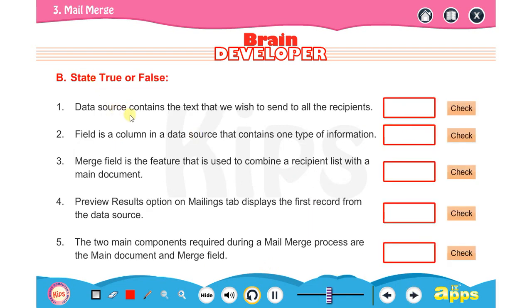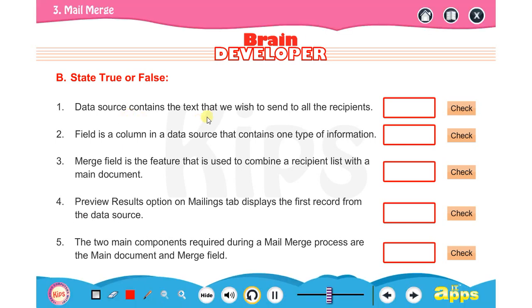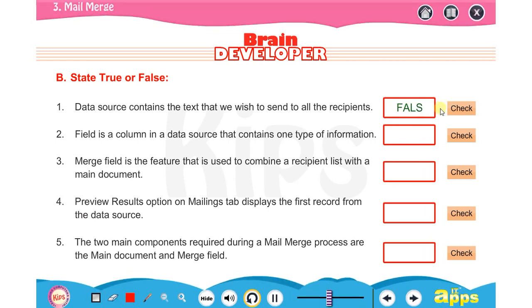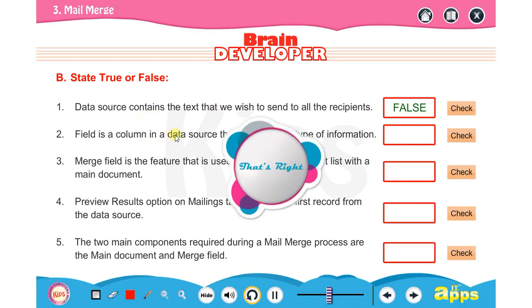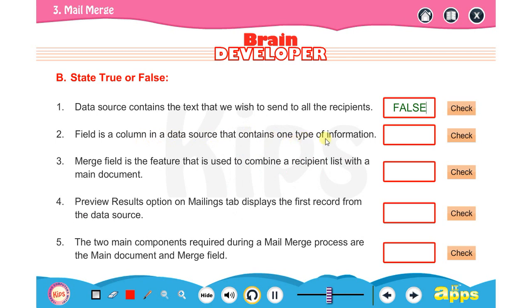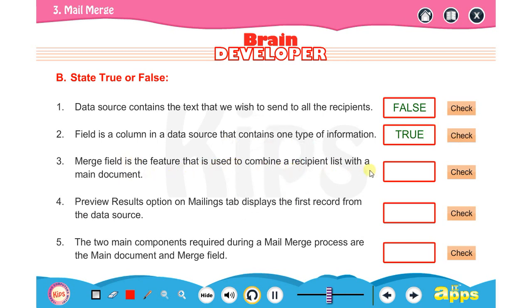State true or false. First, data source contains the text that we wish to send to all the recipients. It is false. Check. That's right. Second, field is the column in a data source that contains one type of information. It is true. Third, merge field is the feature that is used to combine a recipient list with a main document.